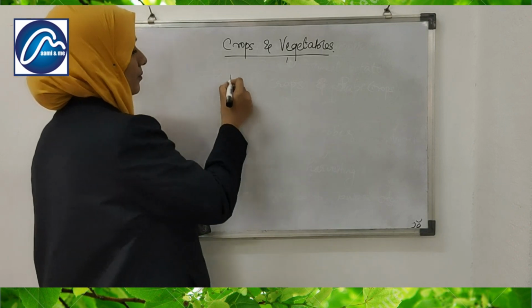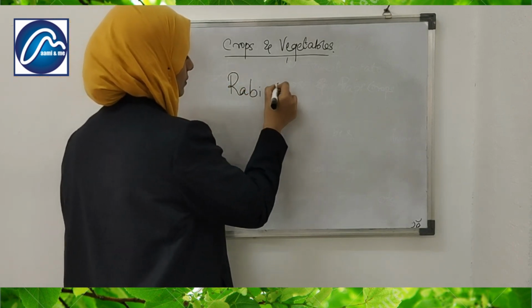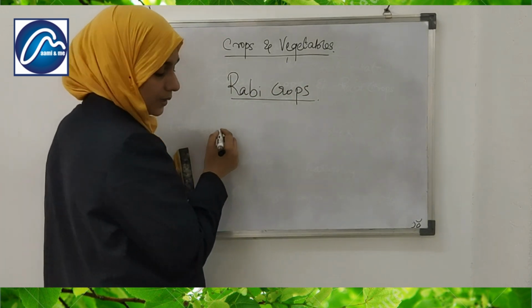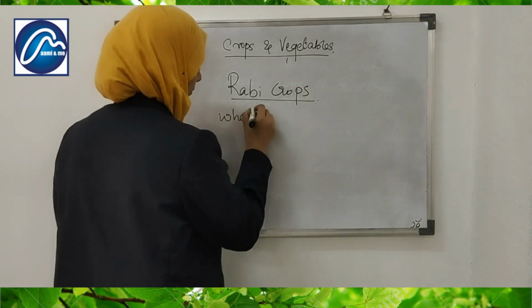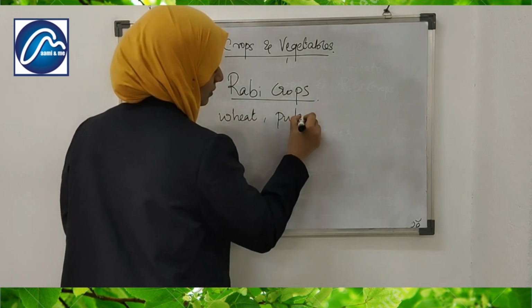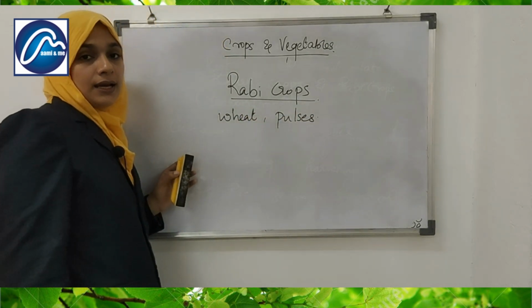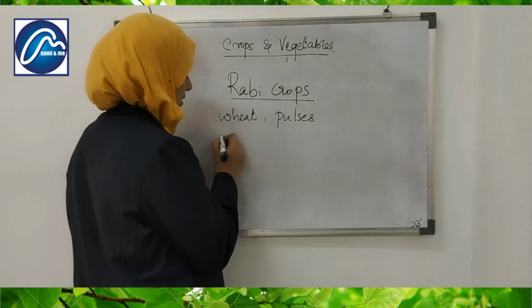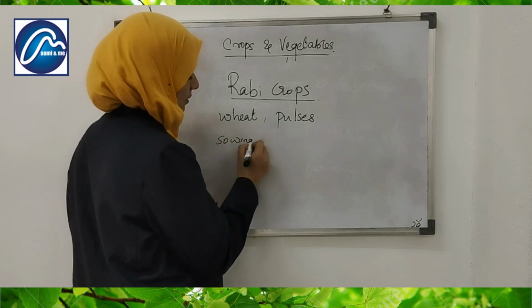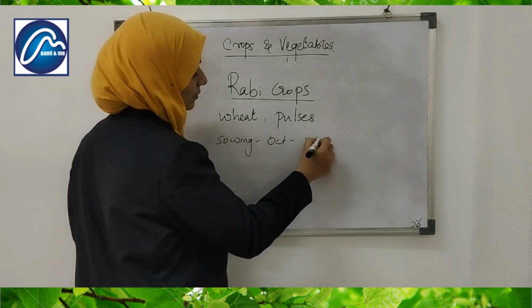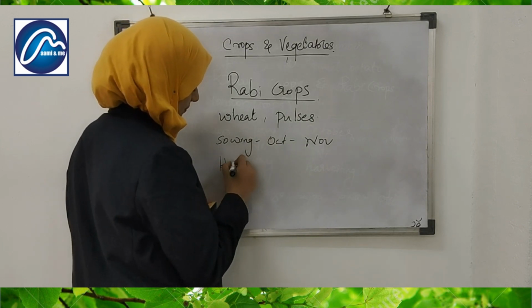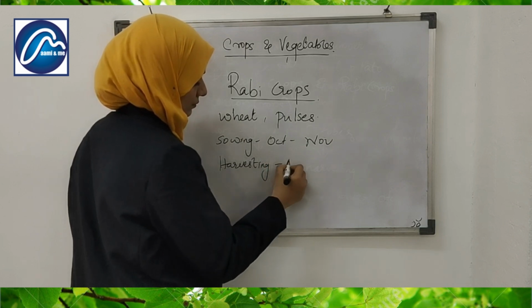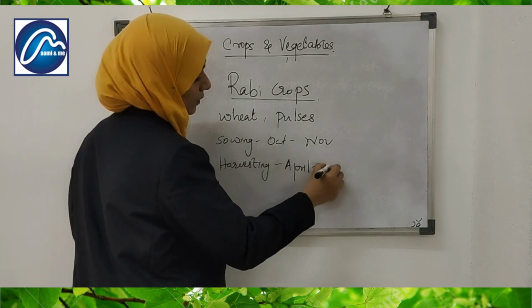Examples of rabi crops are wheat, pulses, etc. These are harvested during the winter season, that is, sowing takes place in October to November and harvesting in April, May.